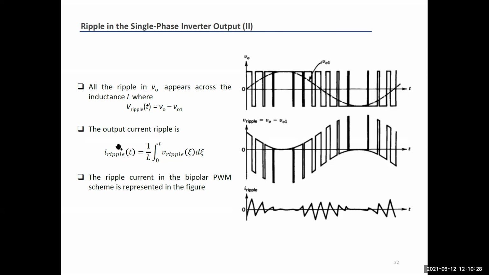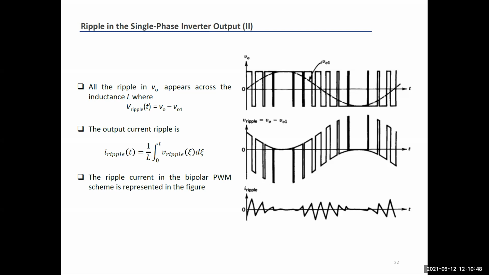Okay, computed by using this interval, and a rough estimation can be done just by looking at the area under the ripple curve, which is also the voltage across the inductance. This is just the ripple, okay? It's not the overall instantaneous current I naught you have at the output. It's the ripple component.